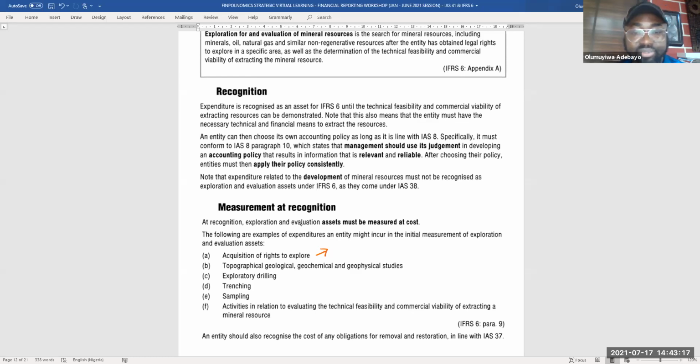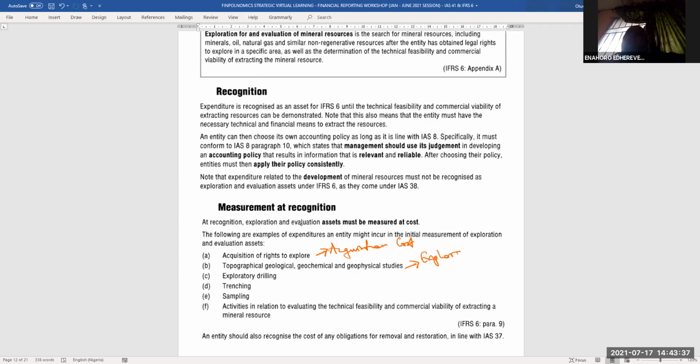I want to hear your voices. That should be acquisition cost. Acquisition cost. Okay. Topographical, geological, geochemical, and geophysical studies. Exploration costs. Exploratory drilling.